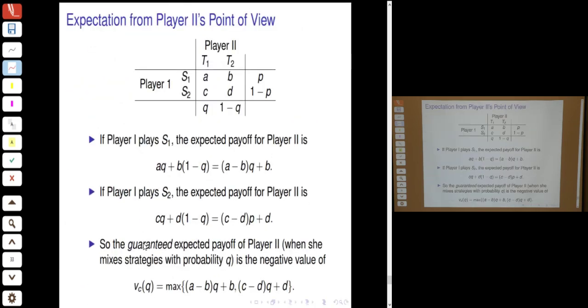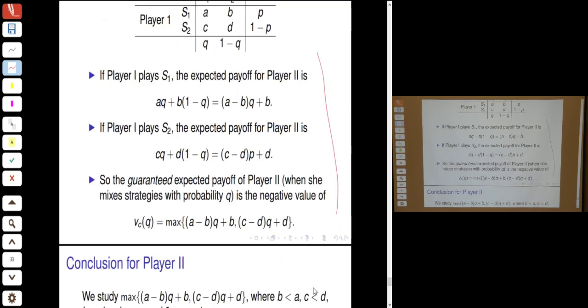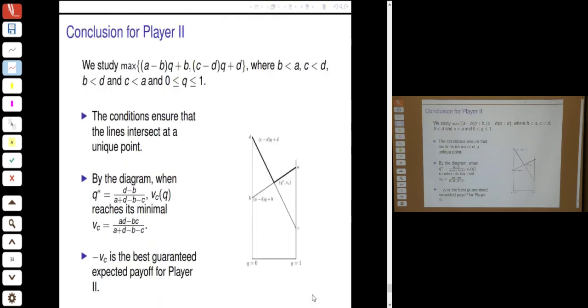Similarly, you can do a similar analysis from the point of view of player 2 and get two other straight lines for player 2, one of them with increasing slope, one with decreasing slope. Observe that the conditions on the entries of the matrix, following from the fact that there are no saddle points and therefore no dominated rows or columns, ensure that the decreasing straight line starts above the increasing straight line.